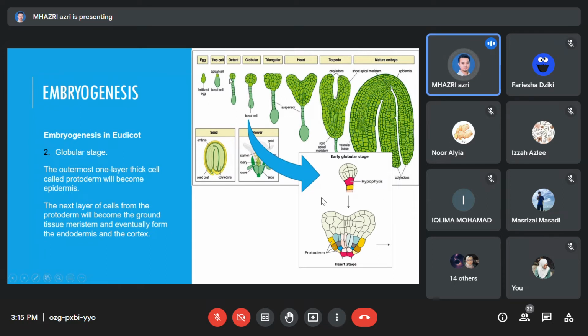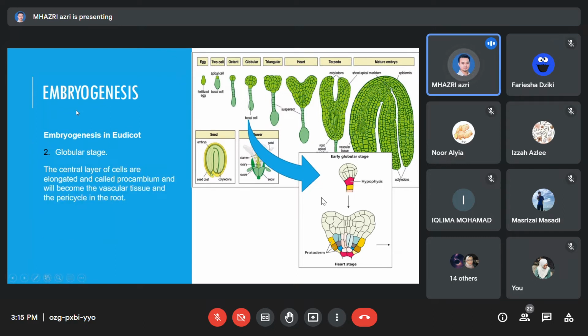The apical regions, bahagian apical ni dia akan membahagi, okay, daripada 1 dia akan jadi 2, okay, lepas tu 2 kepada 8, okay. So octans, the number of cells will be n kuasa 2, okay.